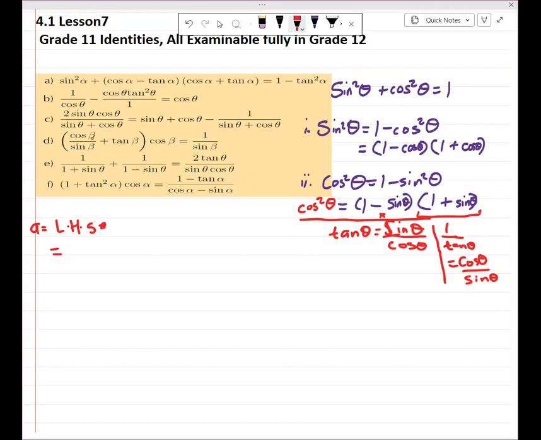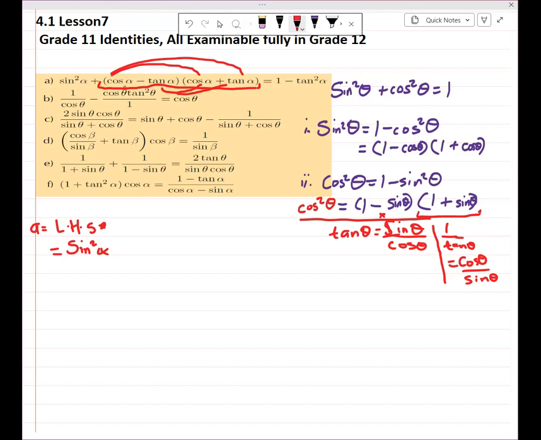side, right? So here, let's see. Okay, this one, I'm going to write it the way it is. It's sine squared alpha. Then these two brackets here, they are multiplying each other. Do you see them? So you'll do this multiplied by that, this multiplied by that, this multiplied by that, and this multiplied by that.